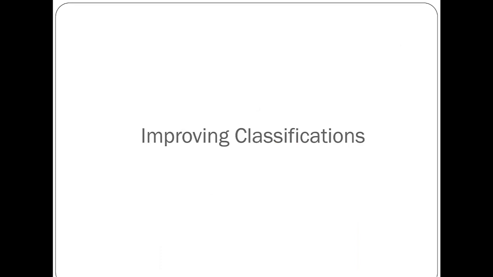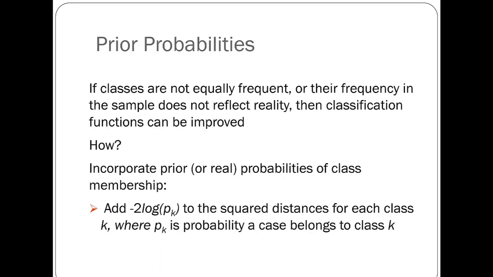We can improve on the discriminant analysis that we've described so far by incorporating prior probabilities. And this is done quite simply by adding a number to the squared distances for each of the classes when we're calculating the probability of belonging to a particular class.